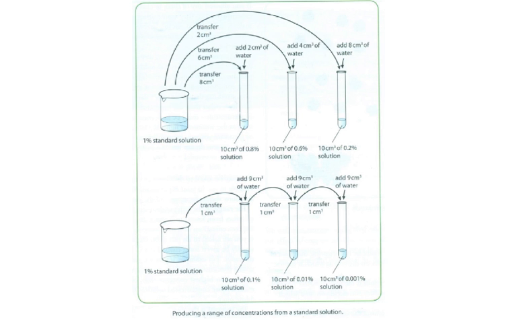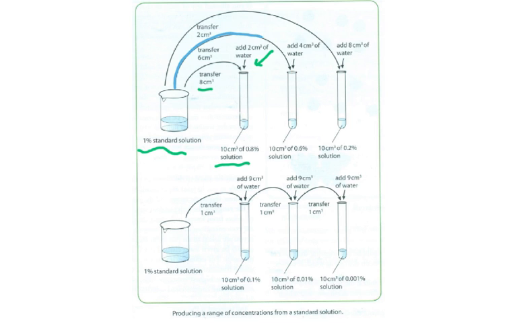Now this is proportional dilution. Proportional dilution means that you had a 1% standard solution. Now you're going to make a 0.8%. So what did you do? You took 8 cm cube of this original solution, 1%, and you added 2 cm of water into it. Then in this one you have added now 6 cm. I'm just going to put an arrow to it.